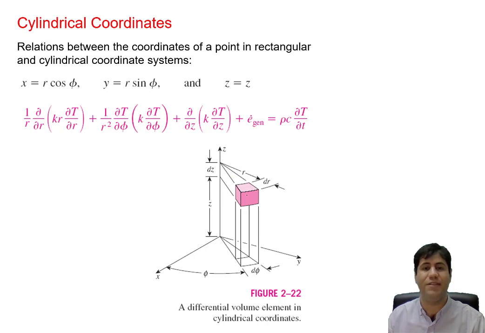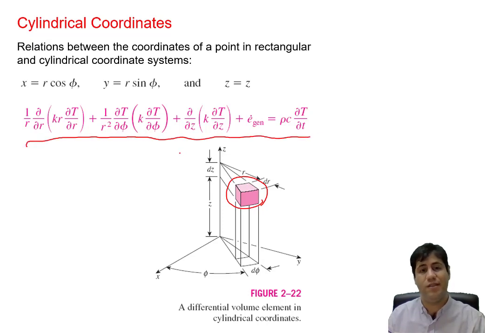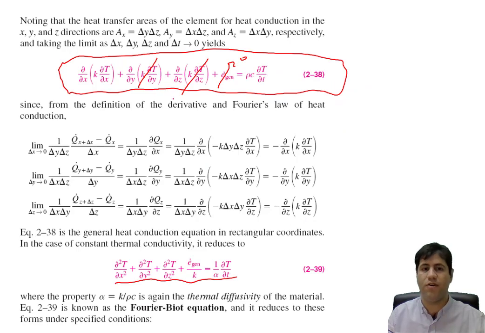We need to write the energy balance equation for our element, and if we go through all those processes for the heat conducted in and out of our element, heat generation in the element, and so on, we can reach this equation. Or the easiest way, we can write like this. We have this equation, okay?